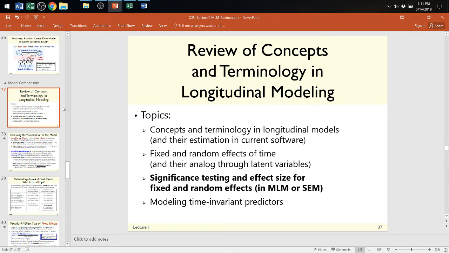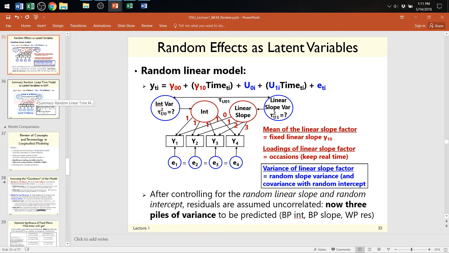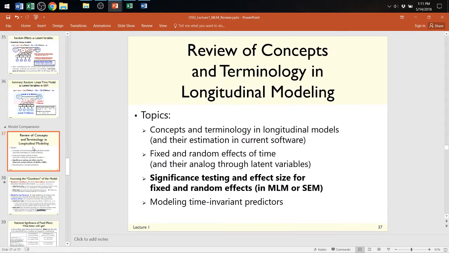So some of the sections of the notes that I skipped over this morning, we can skip the SEM stuff for now because that's not immediately relevant. But I do want to make sure that I hit the idea of significance testing and effect size for the fixed effects versus the variances, because that's something that is easy to screw up if you don't have it formally presented to you.